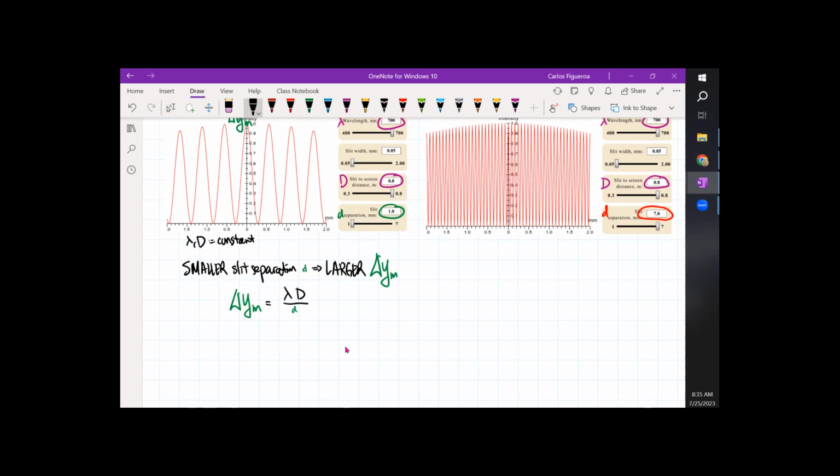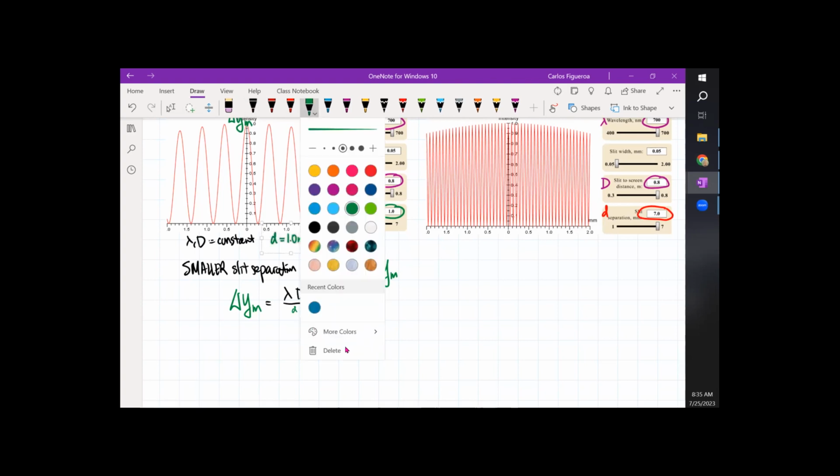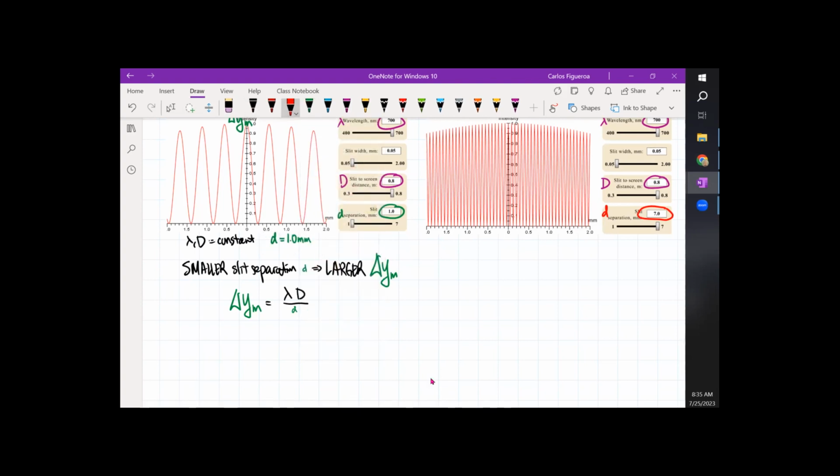On the other hand, by the way, I should have probably written that this guy here is 1.0 millimeters. That's what I mean by a little tiny one. And this guy here tells me that little d is 7 millimeters, so you can see that it's 7 times larger. So we then find that we have a larger slit separation.